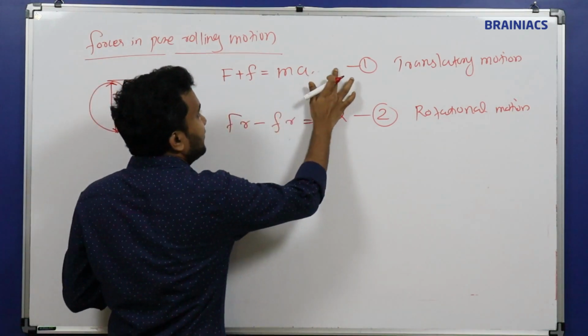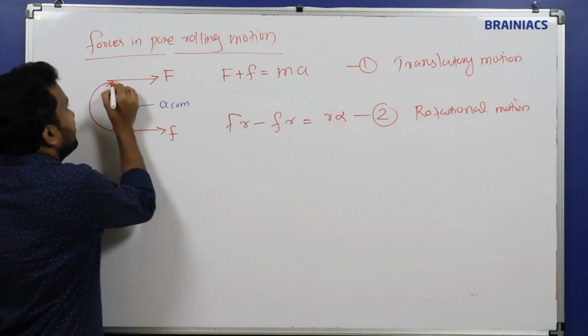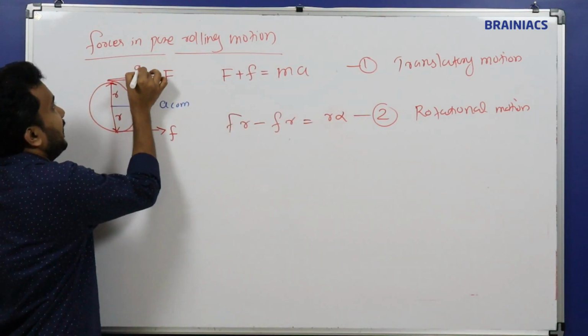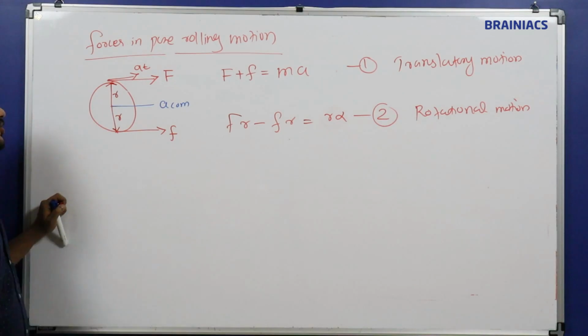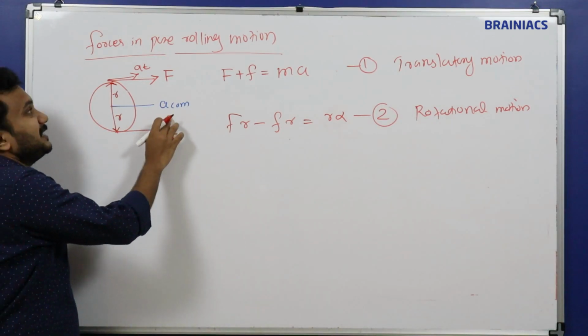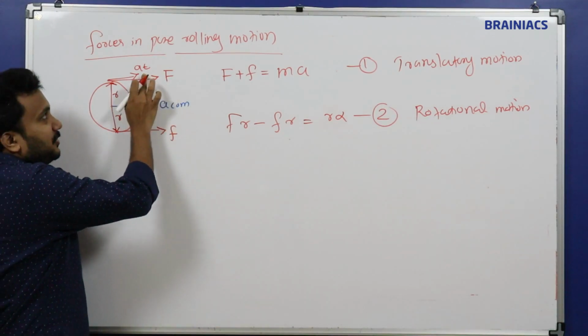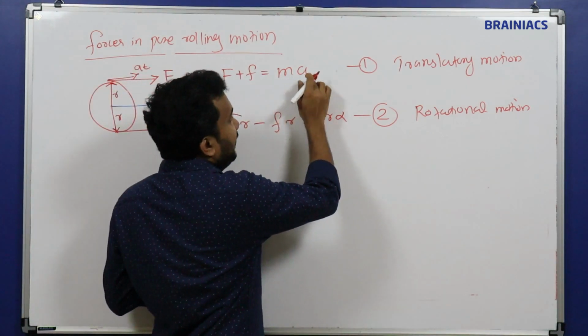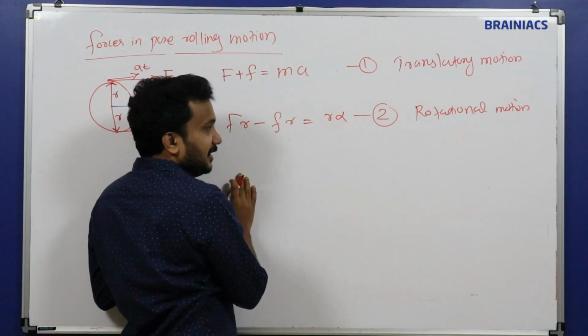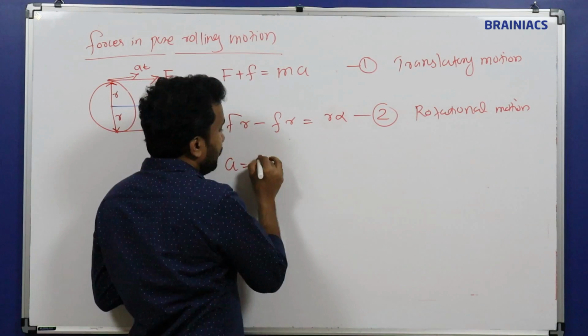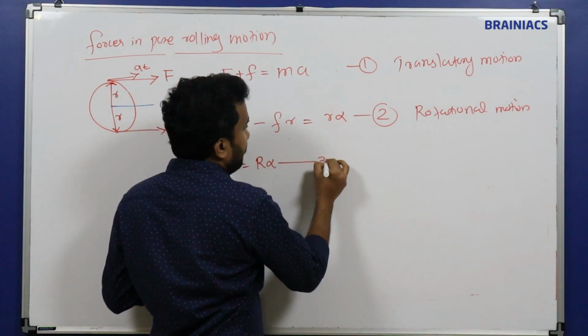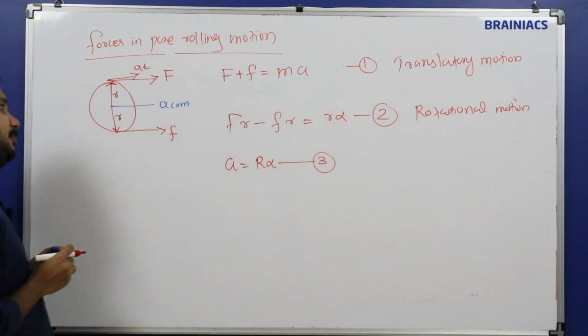This is not a centripetal acceleration. At is the acceleration over here, and ACOM is the centripetal acceleration. Because of this force we have At, which I am simply writing as A, and A will be equal to R alpha. Equation number 3. These 3 equations you have to remember.